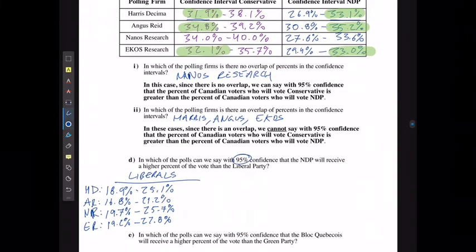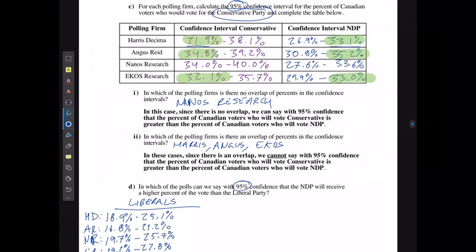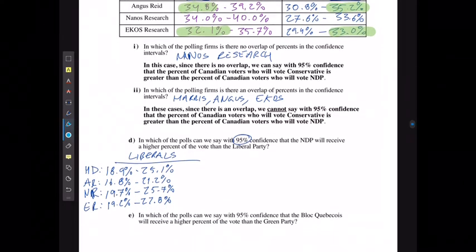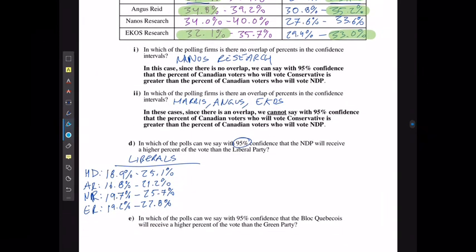And if I compare all this data to the NDP information, then I'm doing the same thing I did in the last example. I'm looking for overlap. And for the Harris research, there is no overlap. For Angus, no overlap. For Nanos, no overlap. And from Ekos, no overlap.